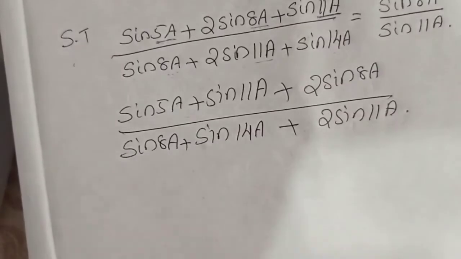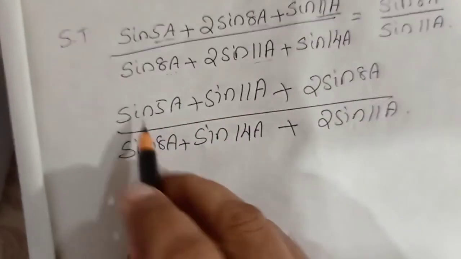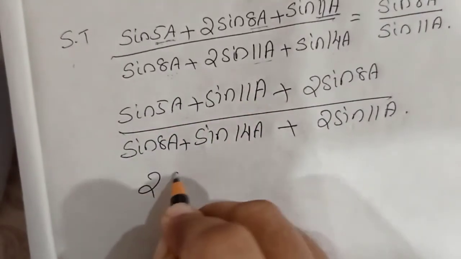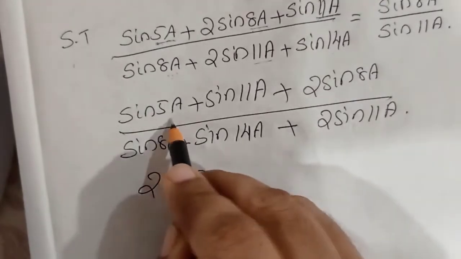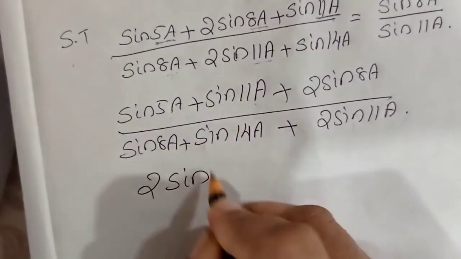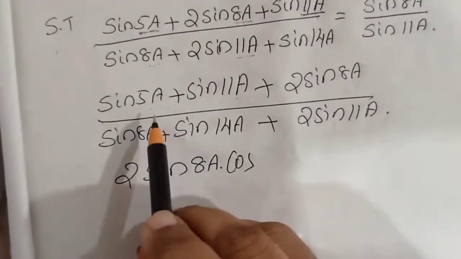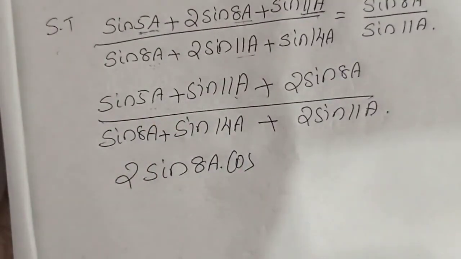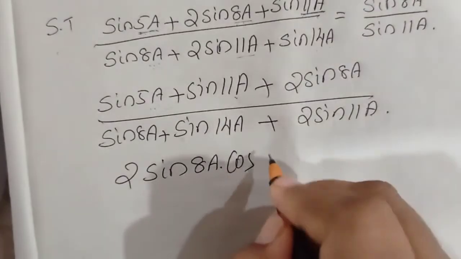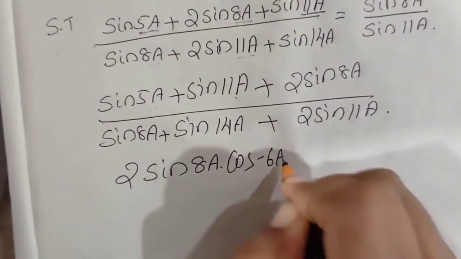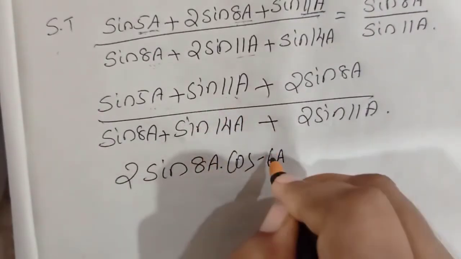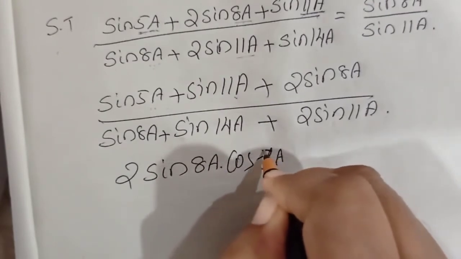Now take the first 2 and apply the formula. What is sin C plus sin D again? 2 sin 5A plus 11A is 16A by 2, that is 8A, cos 5A minus 11A, minus 6A by 2, isn't it? 3.